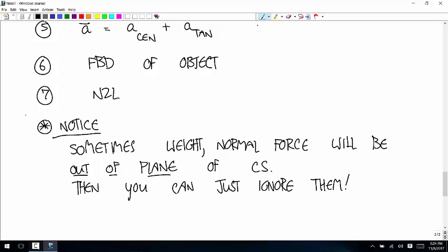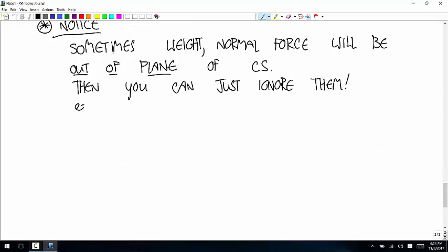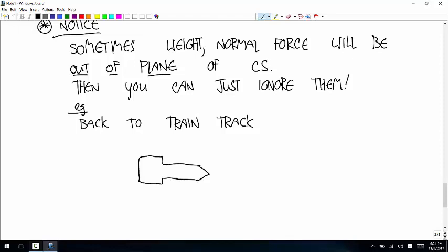So, for example, let's go back to that train example. The train track. If you draw a free body diagram of a top view of the train, what direction would the weight force be going?